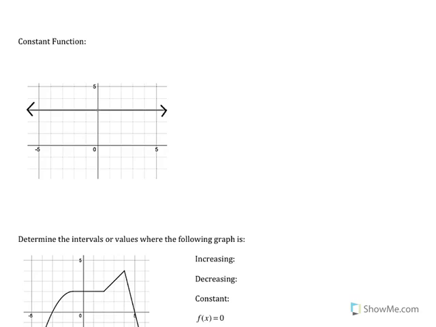Besides having increasing and decreasing intervals, you can also have a constant interval. So down below, we're looking here at a constant function. The equation for that is f of x is equal to c for every real number x.